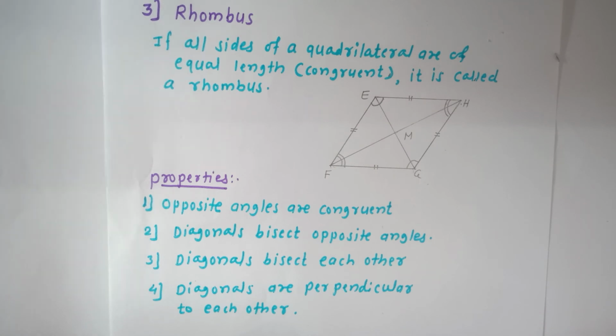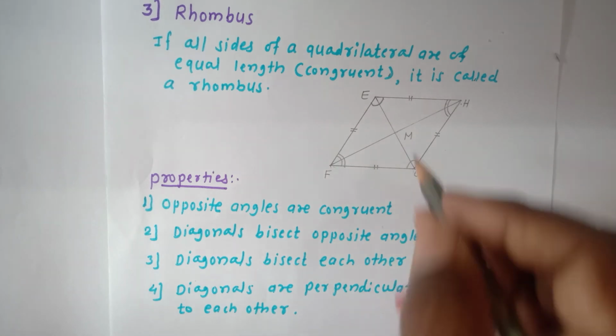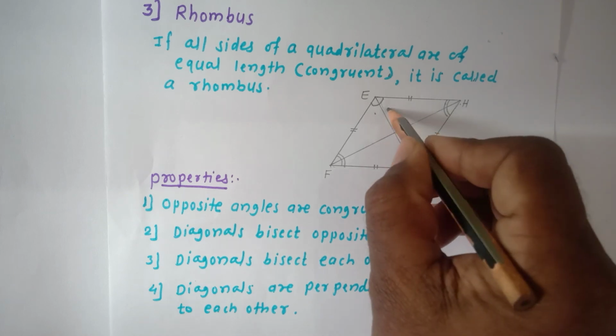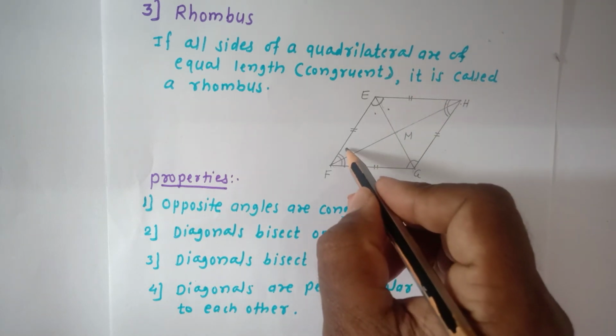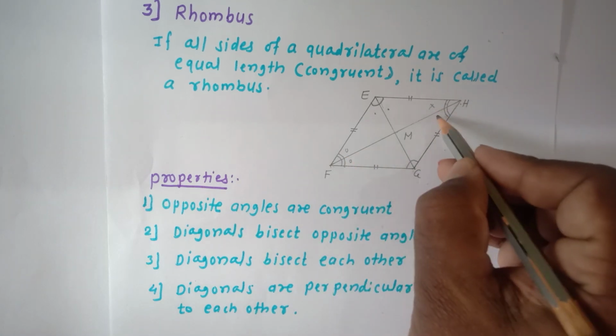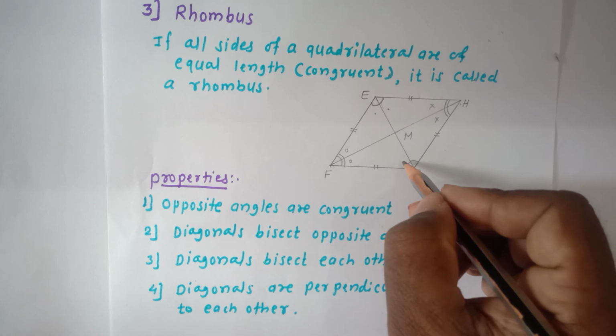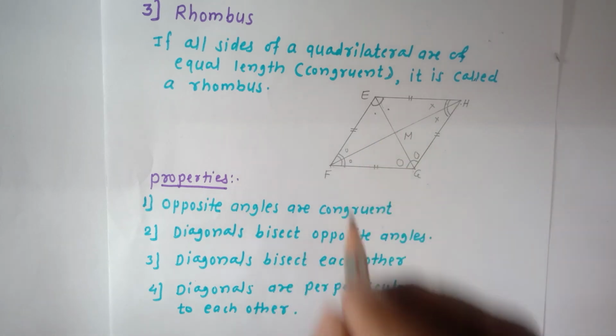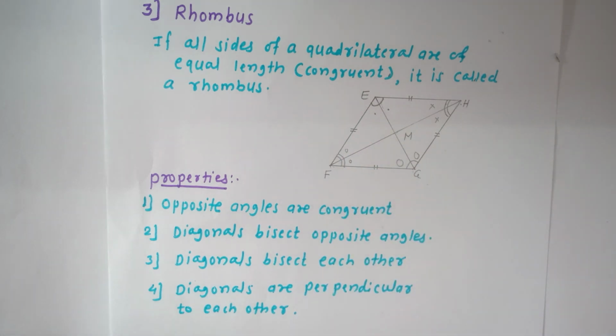Diagonals bisect opposite angles. So this diagonal bisects this angle. These two angles become equal. These two angles also become equal. So diagonals bisect the opposite angles.